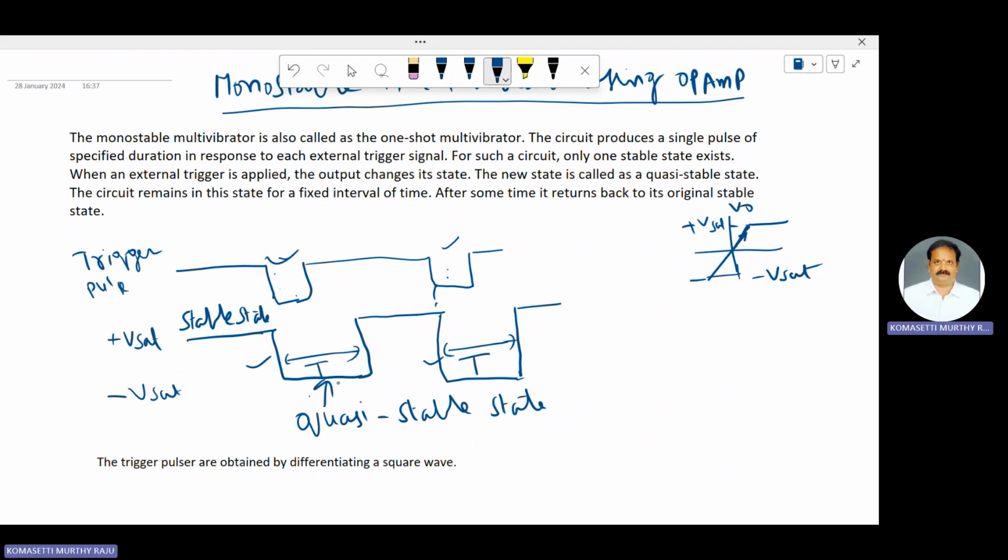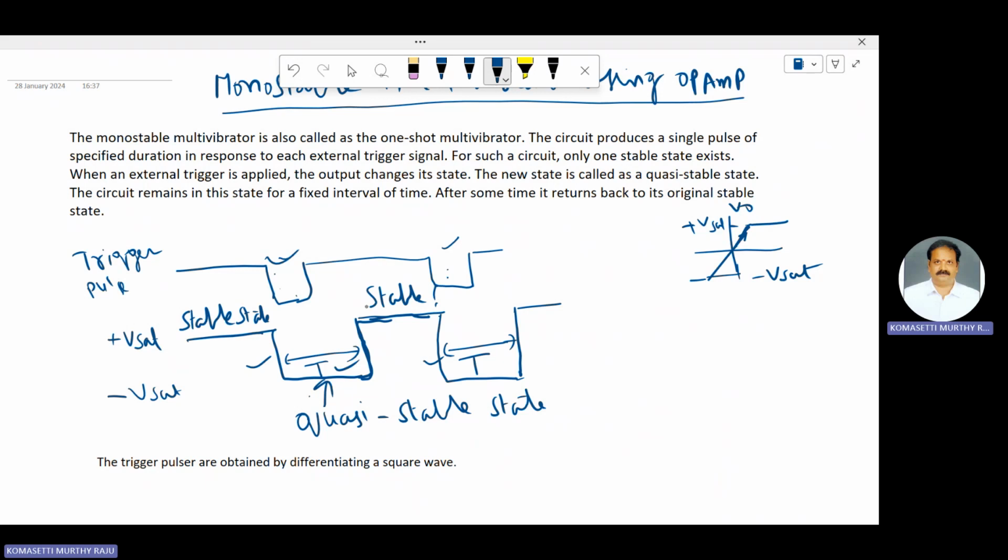The circuit remains in the state for a fixed interval of time, capital T. After that, without any external or triggering signal, it returns back to its original stable state.